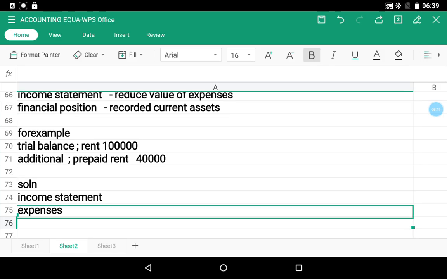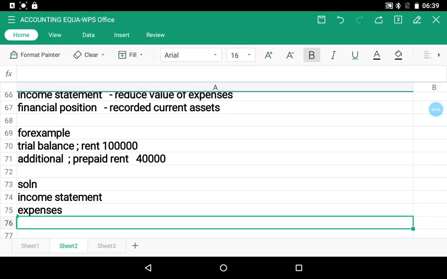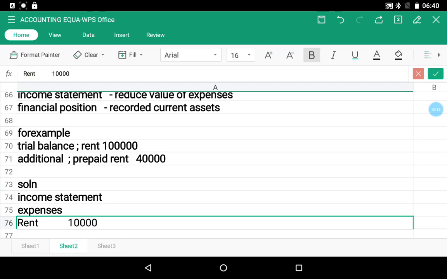So under expenses, we shall say rent. Our rent is 100,000.